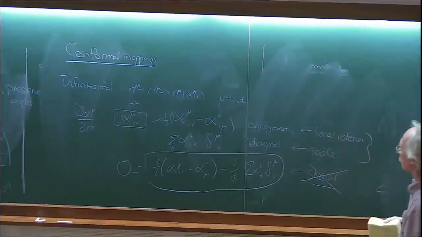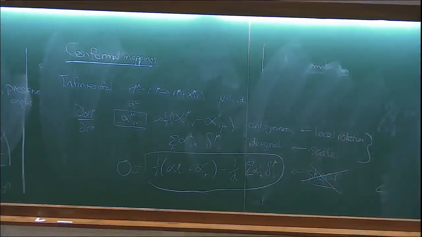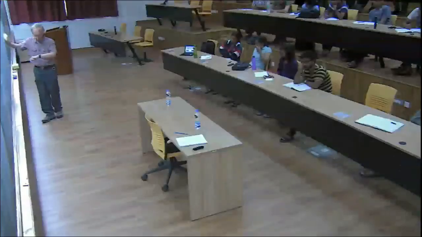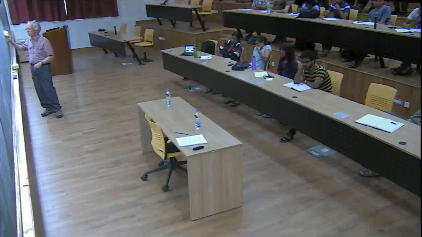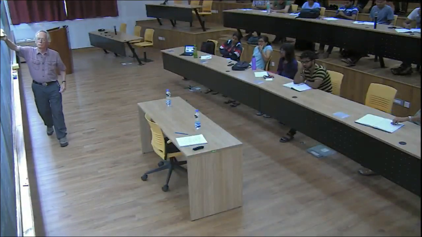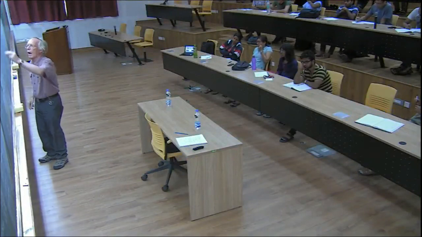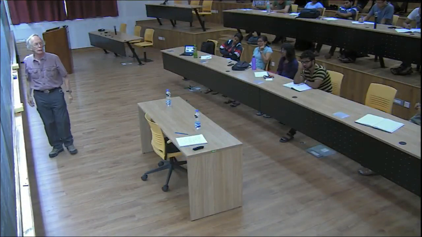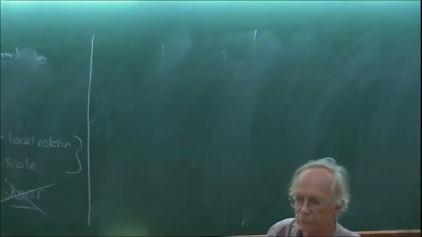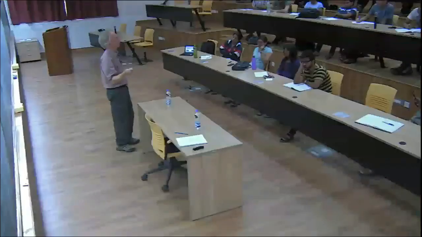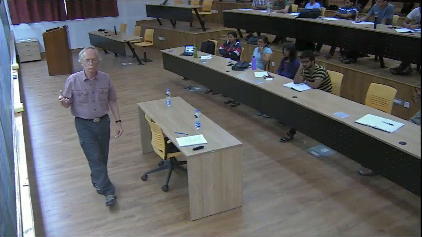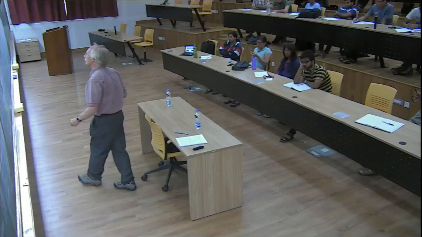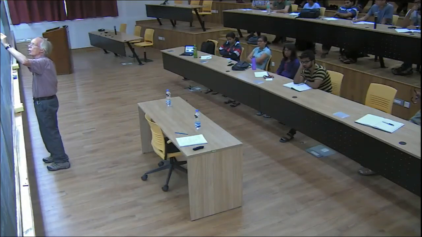So there are order d squared conditions here, and they become harder and harder to satisfy as you keep increasing d. So what actually happens is that it all depends on whether d is equal to 2 or whether it's bigger than 2. So the set of conformal mappings for d larger than 2 is somewhat restricted.